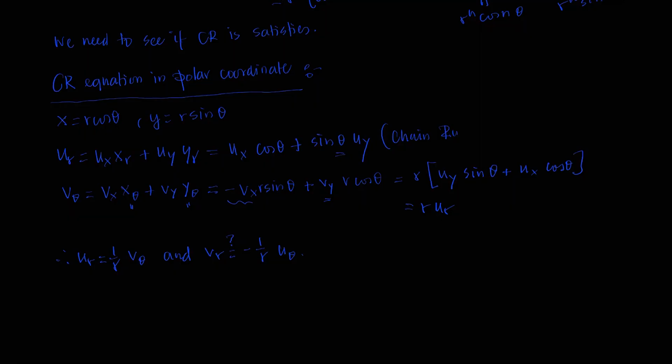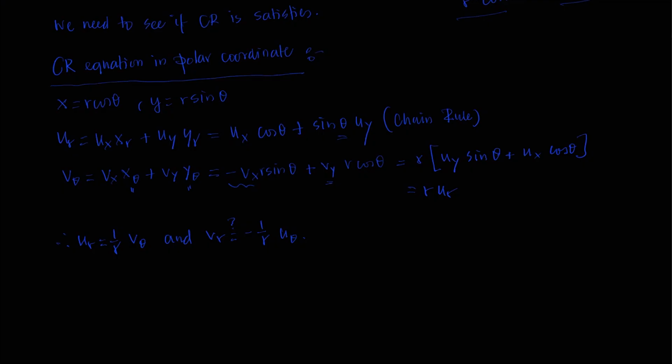Okay. So once you do it, now let's look back at our equation, this u and v. So u of r theta in our case is now r power n cosine n theta, and v of r theta is r power n sine n theta. So that will imply that u of r is n r power n minus 1 cosine n theta.